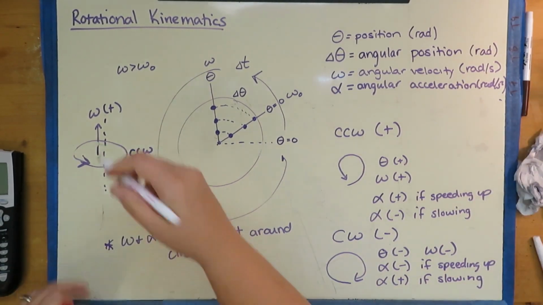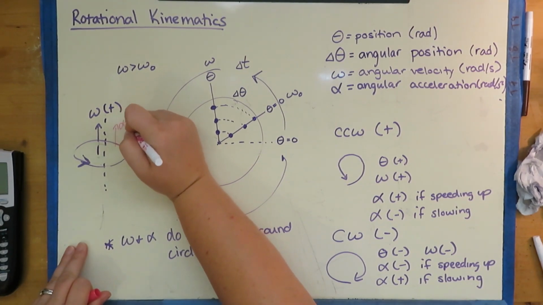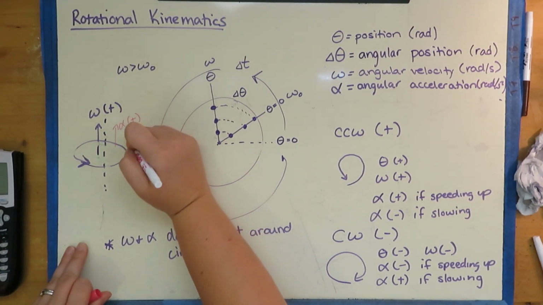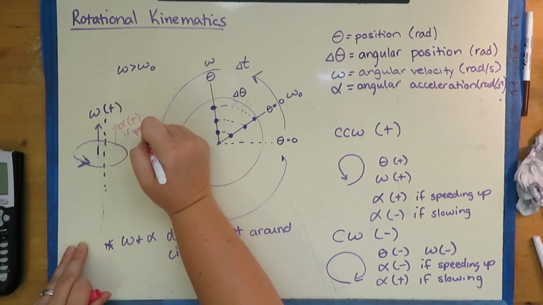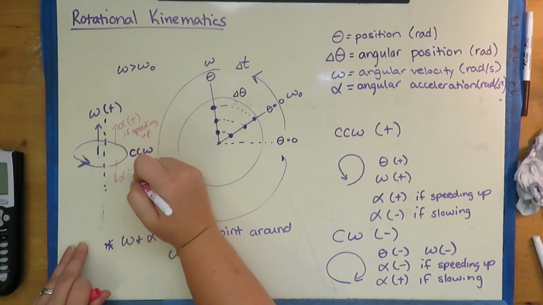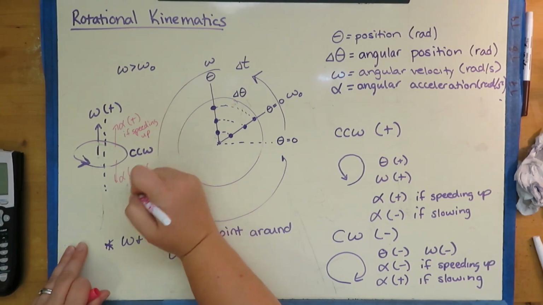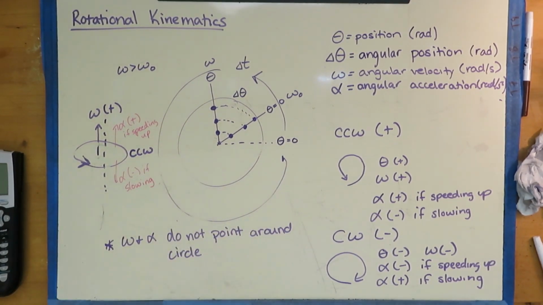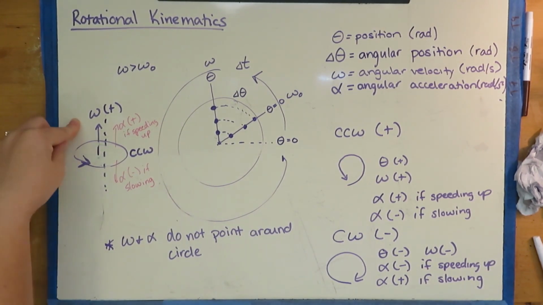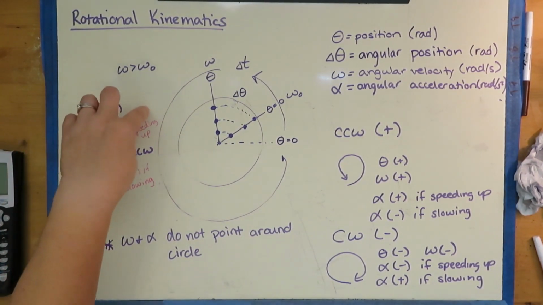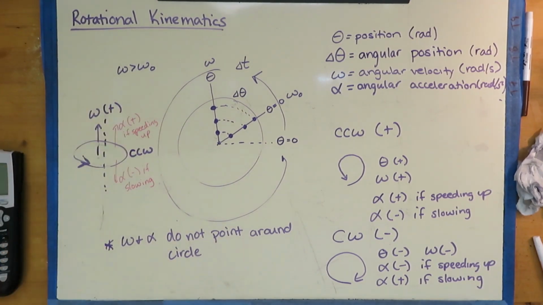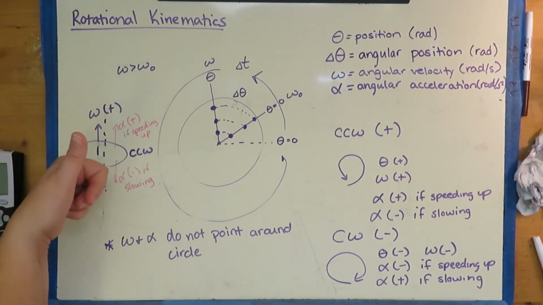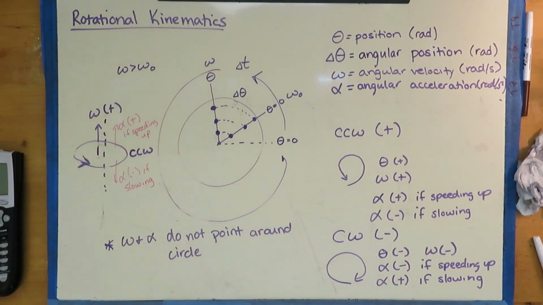My alpha would point up if you're speeding up, and alpha would point down in the negative direction if slowing. So you can always keep in the back of your mind that counterclockwise rotation does mean positive omega. And if I'm going counterclockwise and speeding up, alpha is also positive. They're both positive, but technically they're both pointing perpendicular, up out of the page.